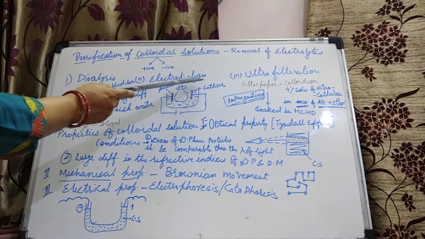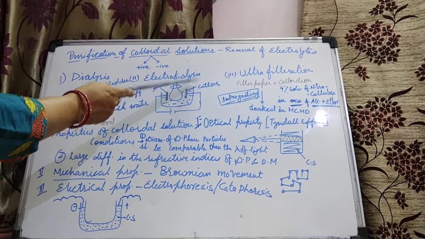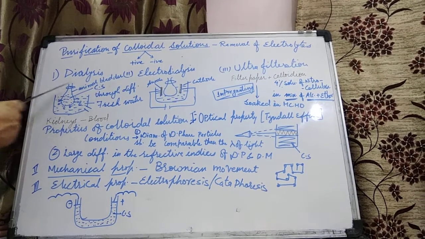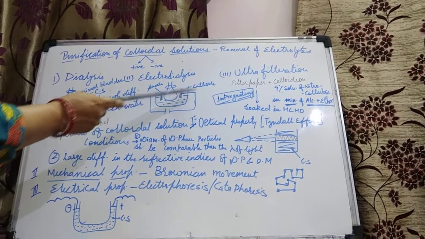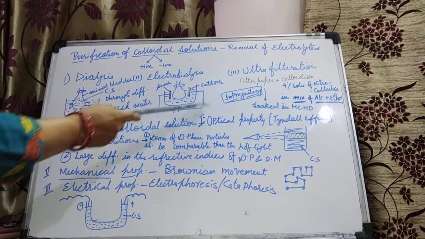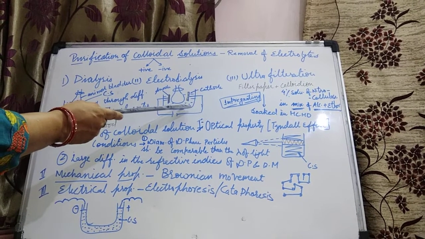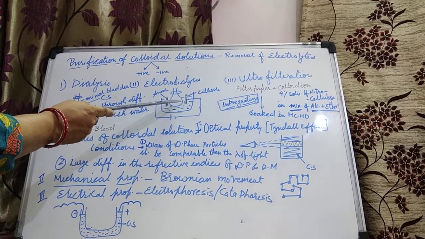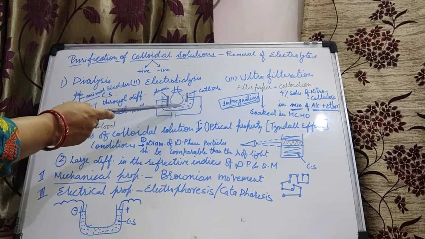Second is electrodialysis. Electrodialysis means, students, that in the same arrangement we introduce two electrodes, cathode and anode, and pass current through the fresh water. The rate of the dialysis process increases. Why?